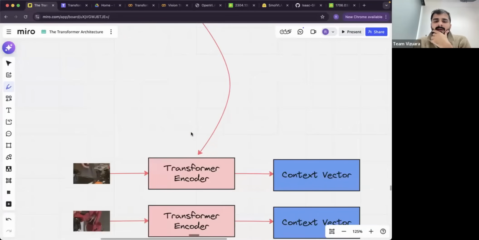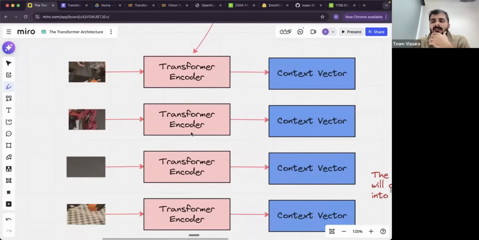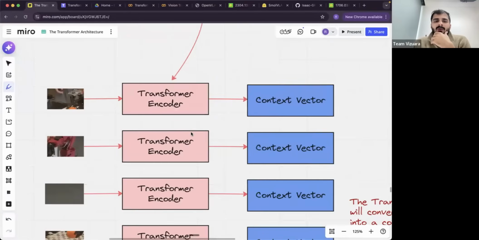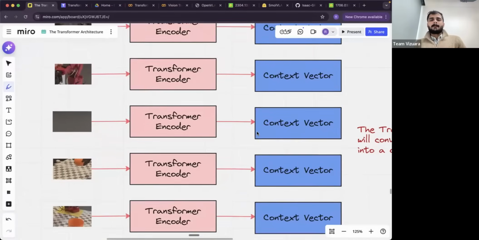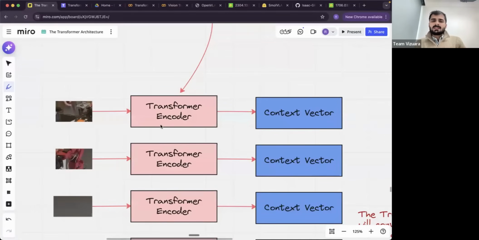So instead of this, first let us understand what our encoder will do. Our encoder will take all these patches and convert them to context vectors. Like this first patch will be converted to this context vector, the second will be converted, etc. Now we have seen the process inside: we have an attention layer and a feed forward layer, and then finally we get a context vector out of it.